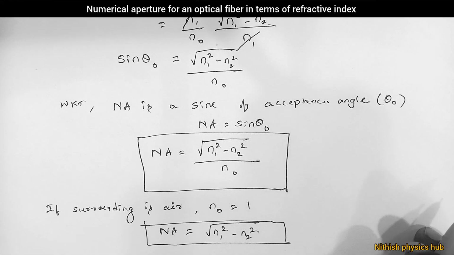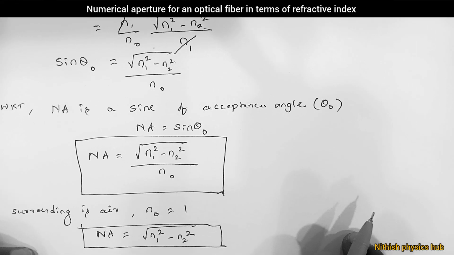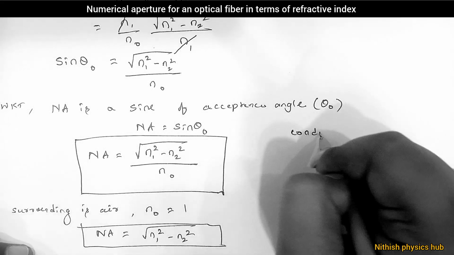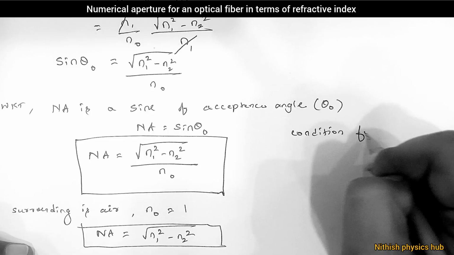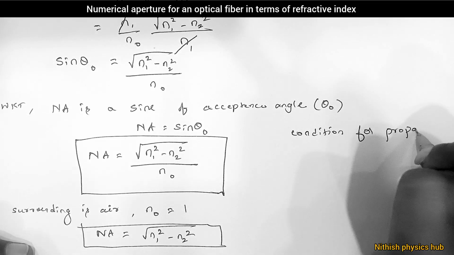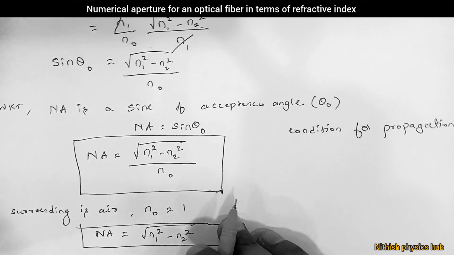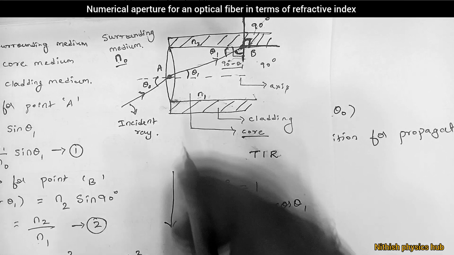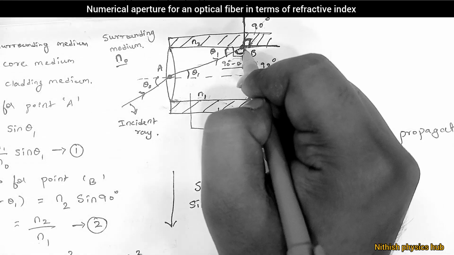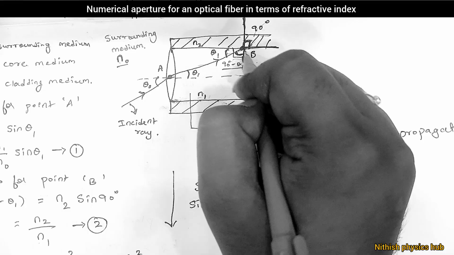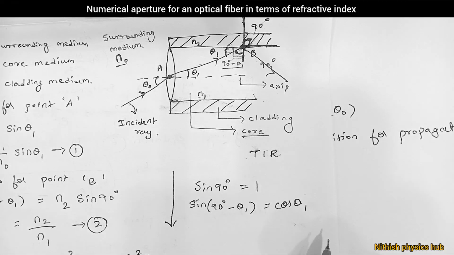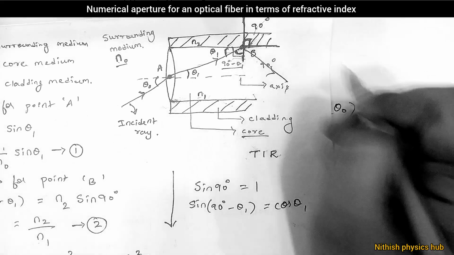Now what is the condition for propagation? Just observe. Once the light is incident beyond 90 degrees, what will be happening? The light will be bouncing back into the same medium, and it will be happening repeatedly and moving forward.